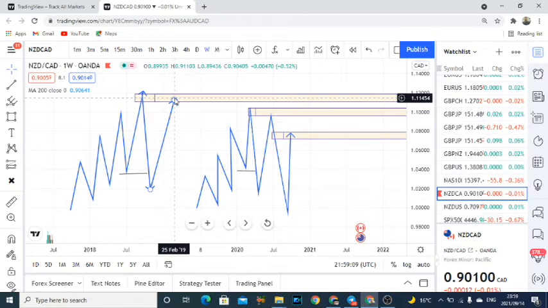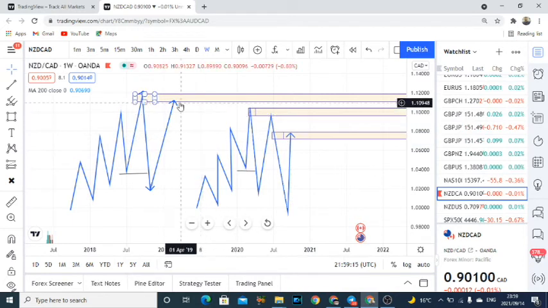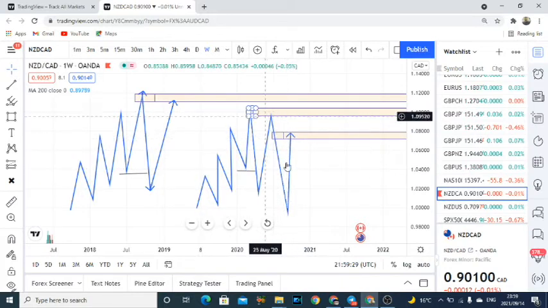So on the daily time frame, you can't wait for this pattern, it's going to take forever. When the market reaches this area, you're going to wait for this pattern on the 30-minute or 15-minute time frame, on the lower time frame. That's how I should say it.